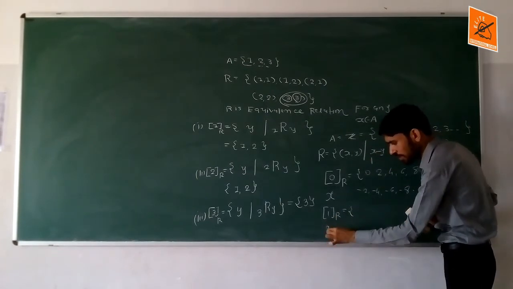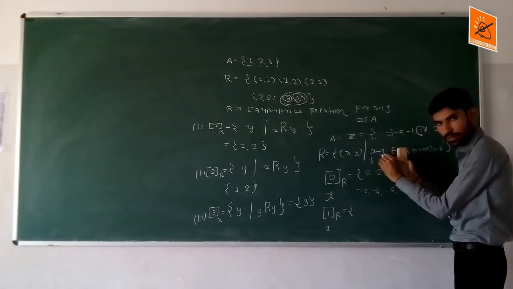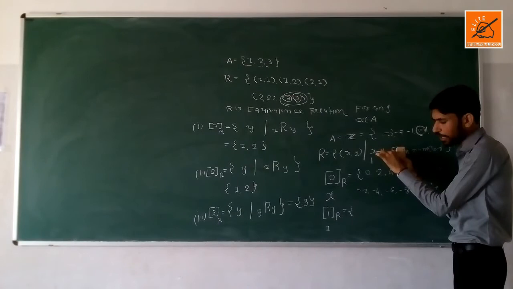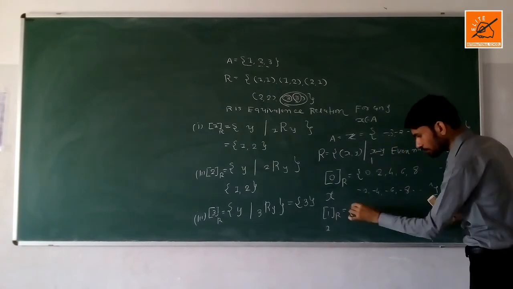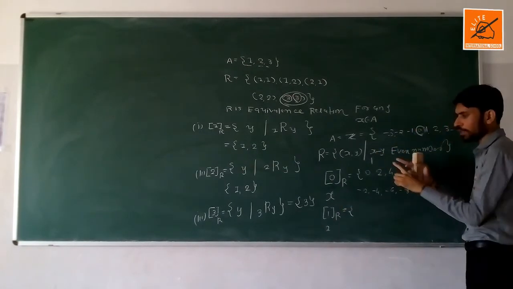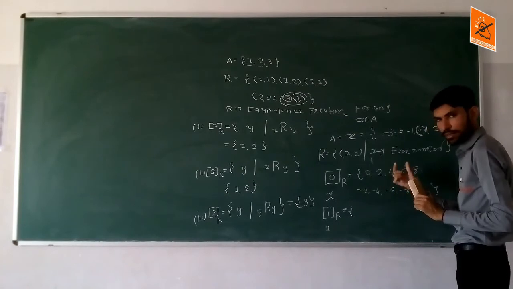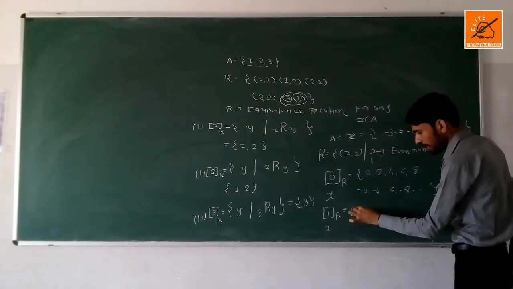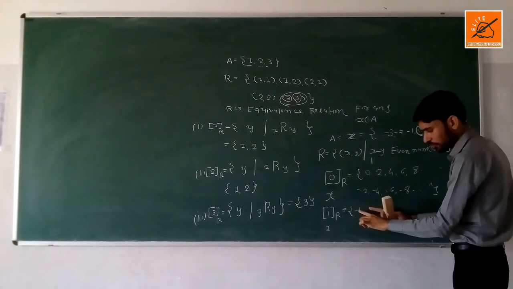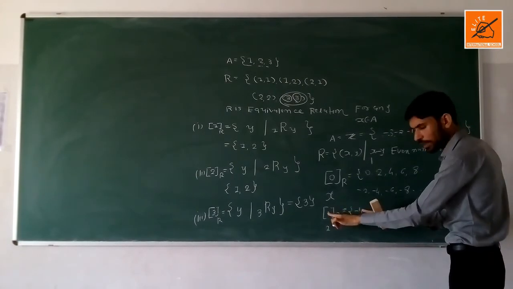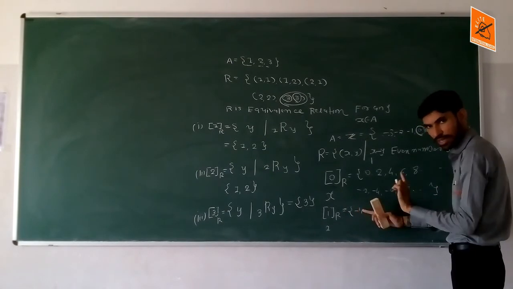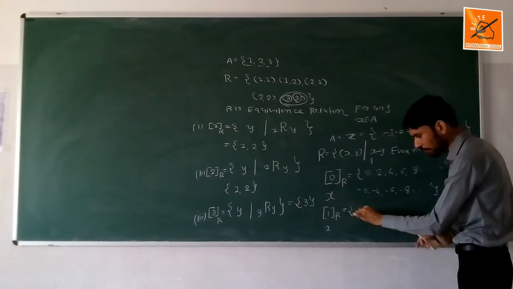Now we find the elements y which are related to 1. Here -1 is related to 1, because 1 minus (-1) is plus 2, and 2 is an even number. So -1 is related to 1.